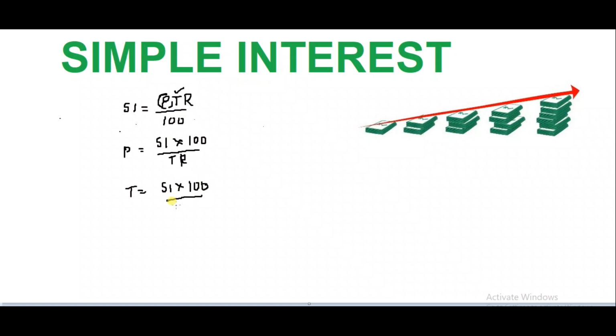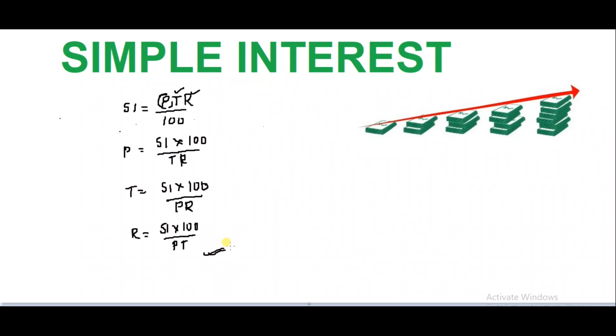It will become division by P into R. Similarly, sometimes they will ask what is the value of R. R equal to simple interest into 100 divided by P into T. These are different types of formulas you can ask in simple interest.